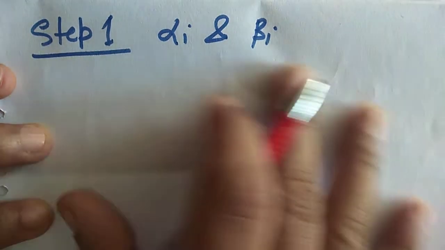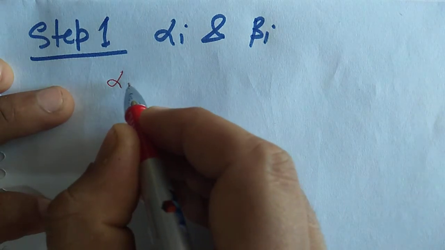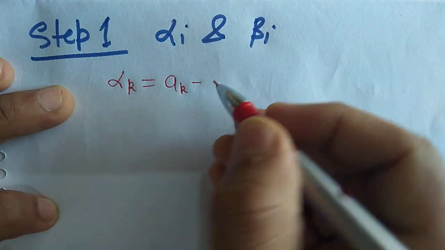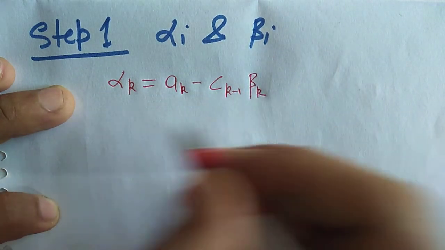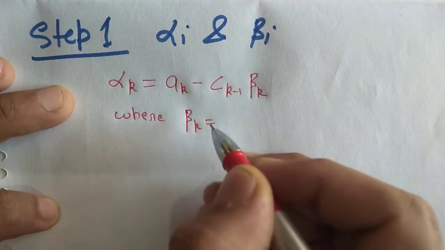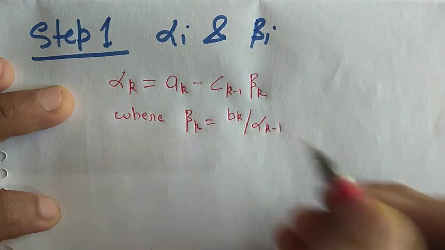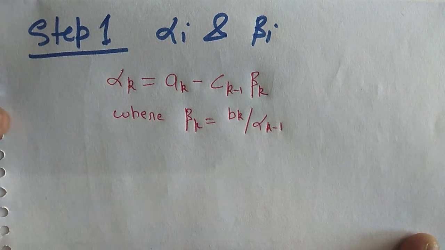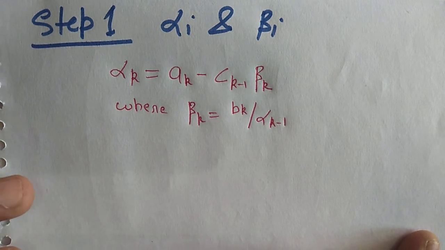Let me write the formula: alpha k equal to ak minus ck minus 1 beta k, where beta k equal to bk by alpha k minus 1. So this is the first step. Using this formula we are going to find the alpha and beta. Let us start now.